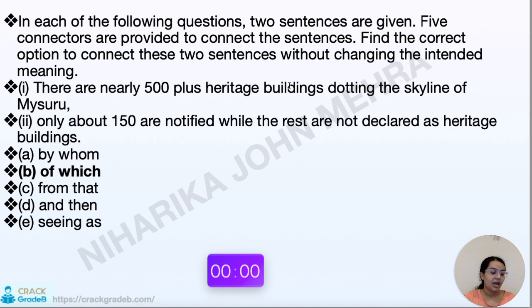The other way to say it is 'of which', meaning 150 out of 500, of which 150 are notified. The other options make no sense, and here numbers play the main role. That's the only type of information given here, based on numbers. Then yes, B is the right answer. No explanation is required for this one.